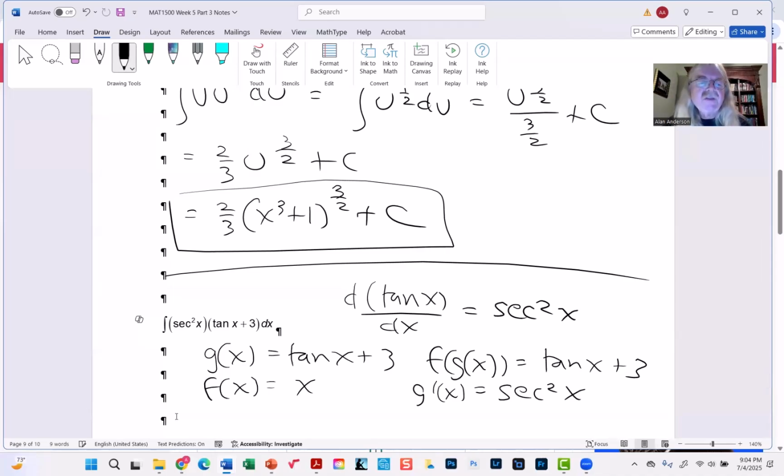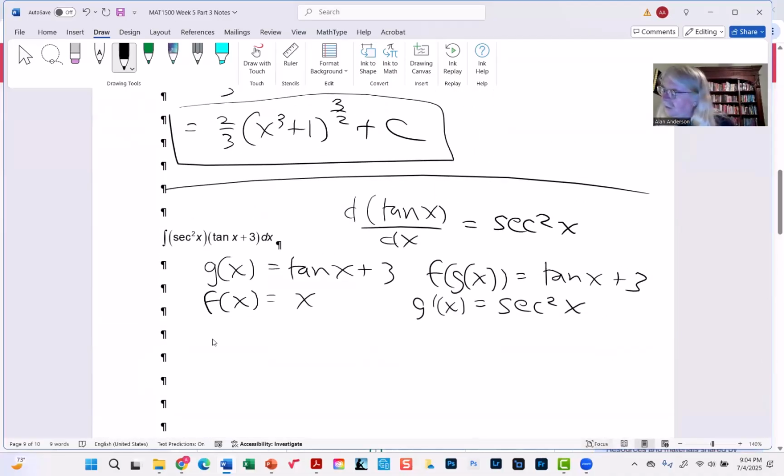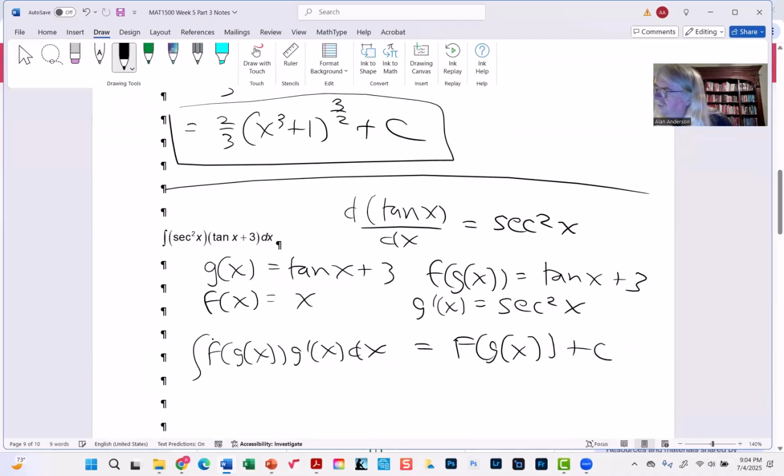So we can definitely use the method of substitution, because if you look at it, what do we have here? We have f of g of x, g prime of x dx. So f of x, because the function is x, that means the integral will be x squared over 2.